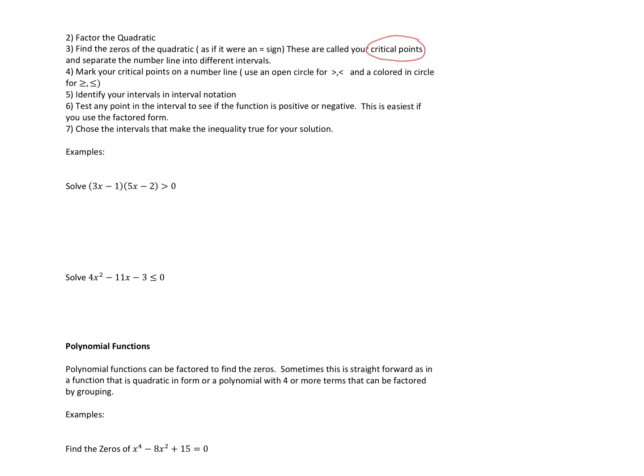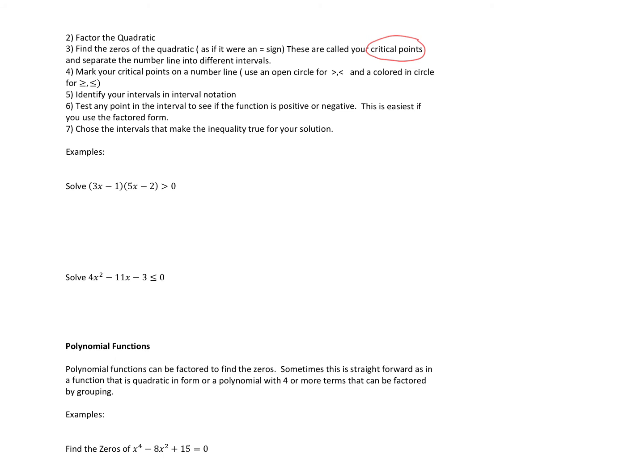Then we're going to mark our critical points on the number line. We're going to use an open circle if it's just less than or greater than, and a closed circle if it's got the equal to. We're going to identify our intervals in interval notation, and then test any point in each interval and decide if it makes the equation positive or negative, and then we'll choose the ones that make the inequality true.